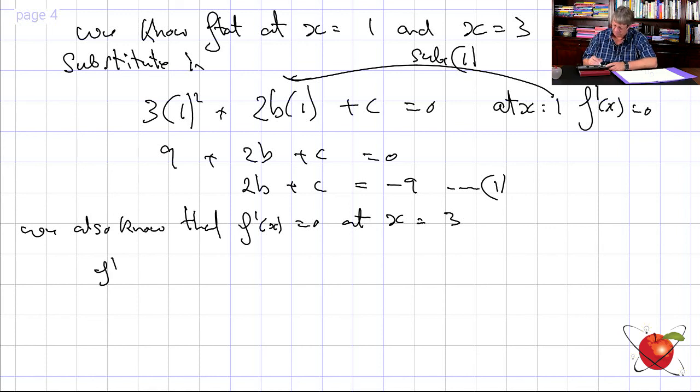Therefore, f prime of x is equal to 3x squared plus 2bx plus c is equal to 0 at x equal to 3.